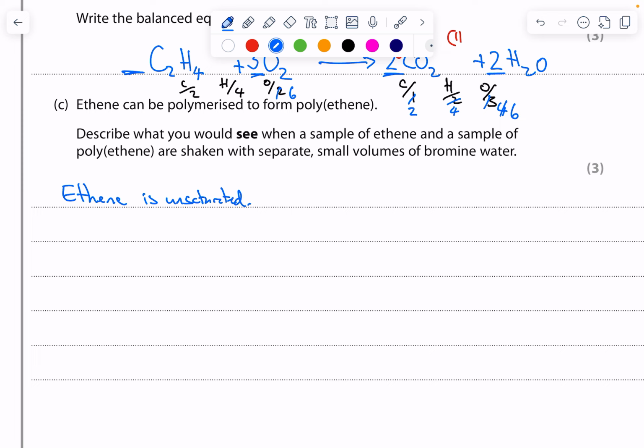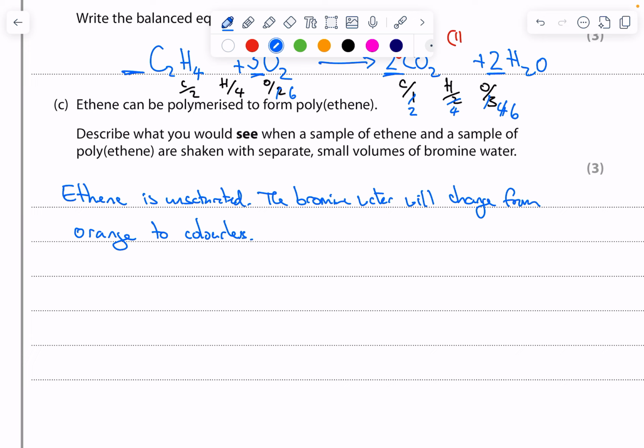And if I add bromine to this, the bromine will actually react. So the bromine water will change from orange, so it's an orange color originally, to colorless. So the color will disappear as it goes from orange to colorless.